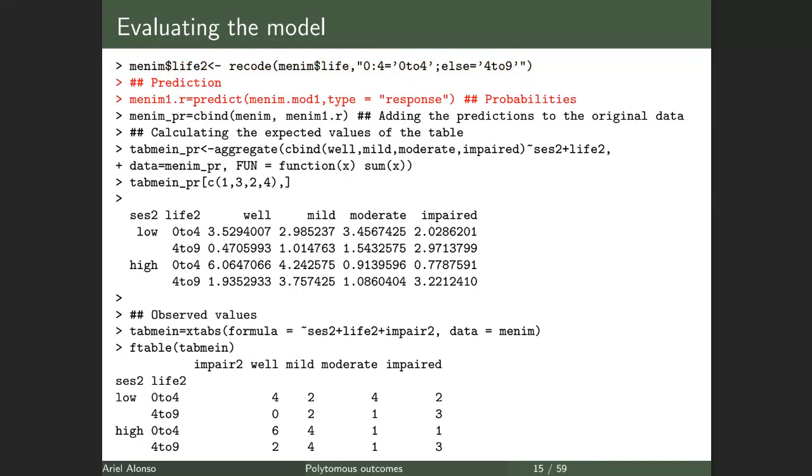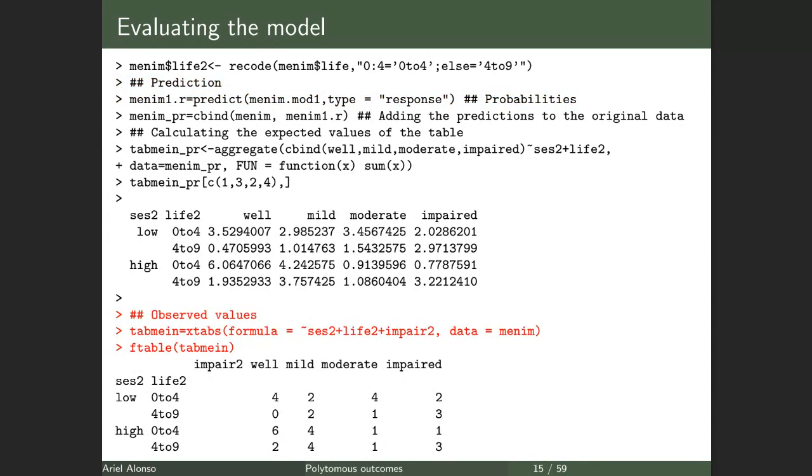And you do that, and then what we are doing here is calculating the predictions of the model for the responses. So basically, we're calculating the probability of having each of these categories, well, mild symptoms, moderate symptoms, or severe symptoms, for each combination of the covariates that we have. And here you have the observed values. This is what we actually observe in the data set.